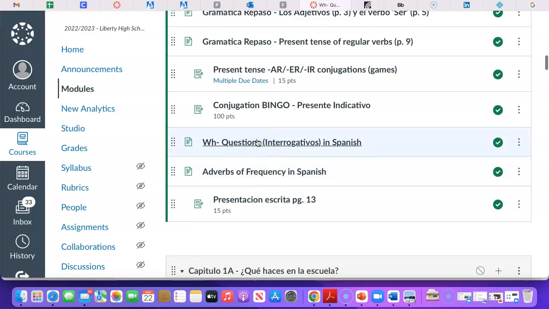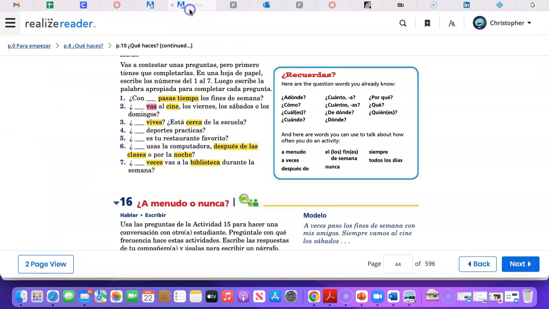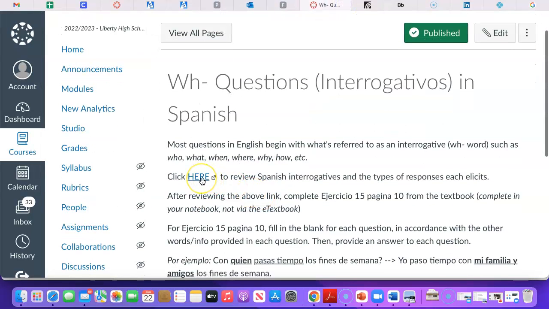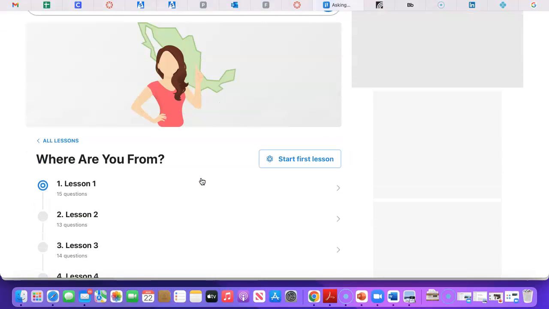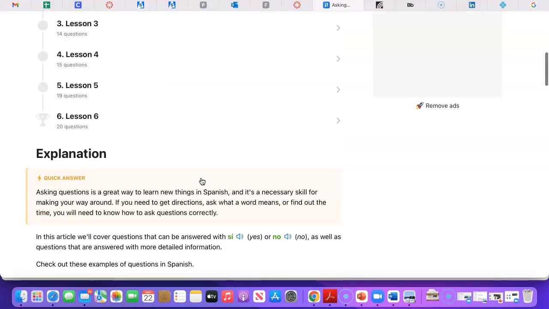WH questions in Spanish. We just went over those on page 10 of the textbook, over here on the right-hand side. And this link right here will take you to Spanish Dictionary. As I've mentioned to you before, it's going to be our go-to resource, and it should be for you as well.